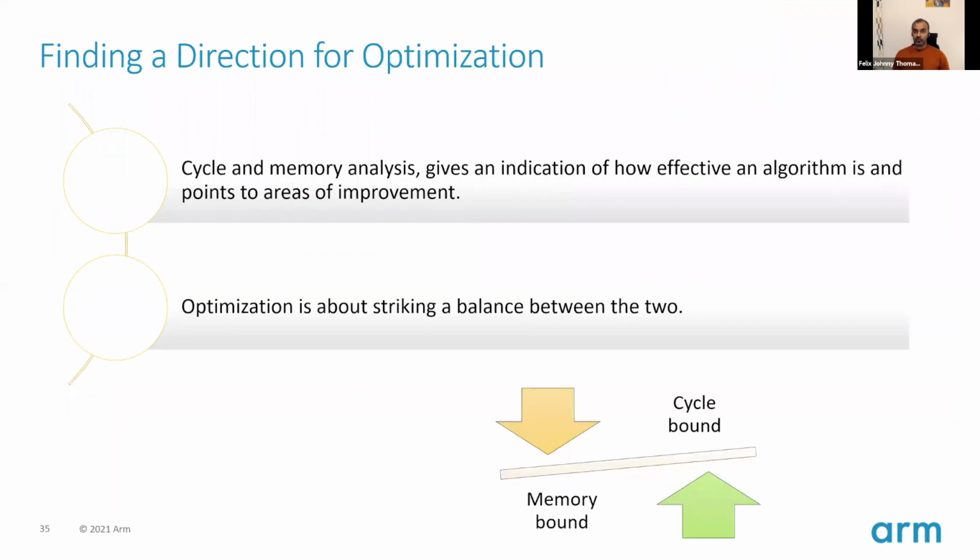Together with memory bound and cycle bound analysis, you get an idea for optimization. What we try to do is strike a balance between the two. The idea is that you want to fetch enough data so that your processor is not stalled for data, and at the same time you don't want your processor to be waiting on data. That is generally the idea on which we do the optimizations.